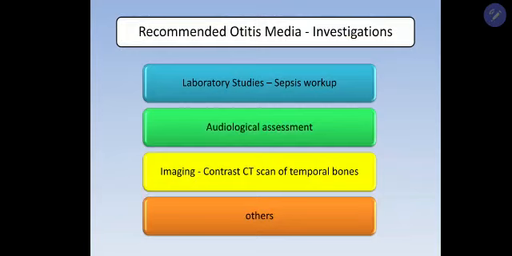Then you have examined your patient, you have taken the history. Now the third important thing in the diagnostic triad is to go for some investigations. Usually we can take a swab from the ear, and if it is discharging, you can find the cause.